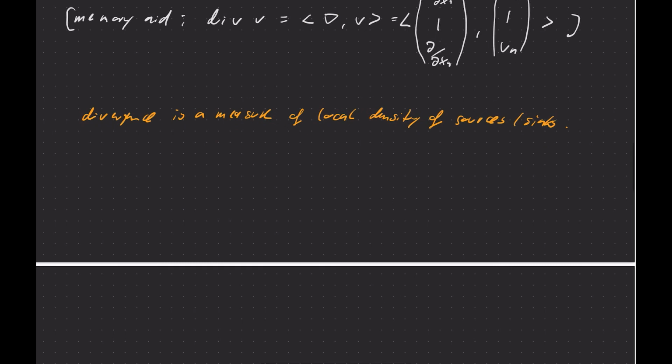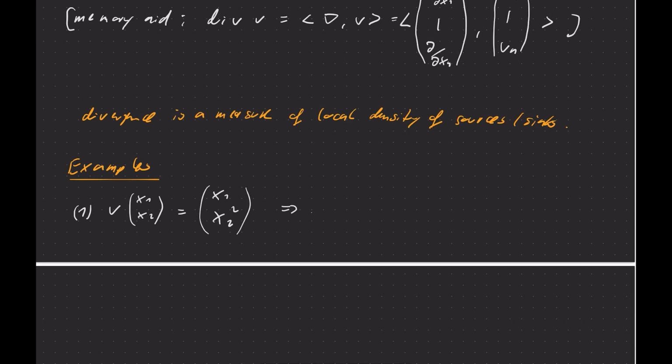Again, a couple examples. So divergence can be applied to vector fields in any dimension. We'll start with a simple two-dimensional vector field here, v of x1, x2. Let's just say it's something like x1 and x2 squared.